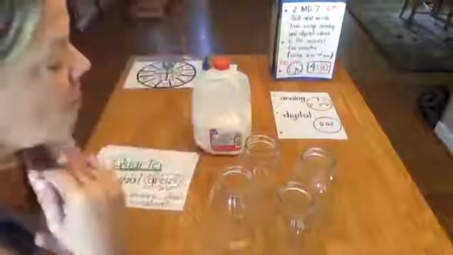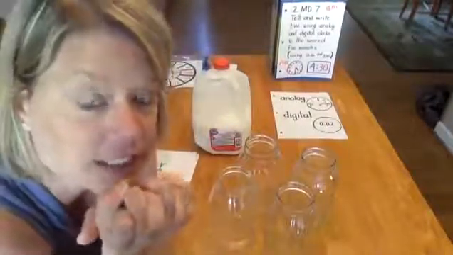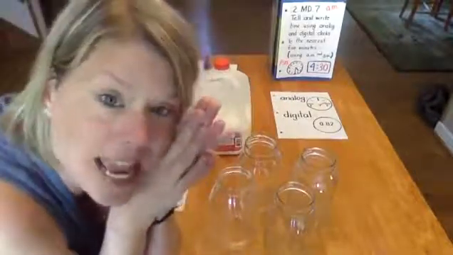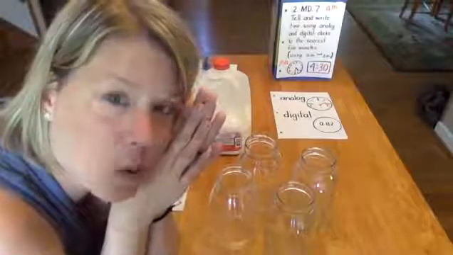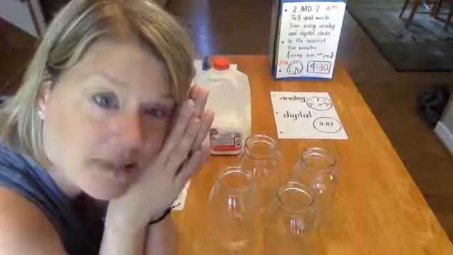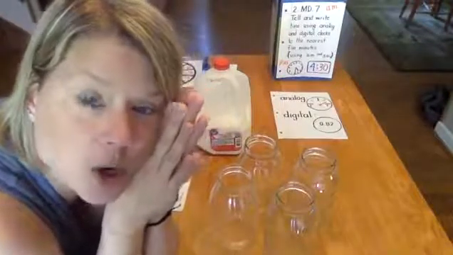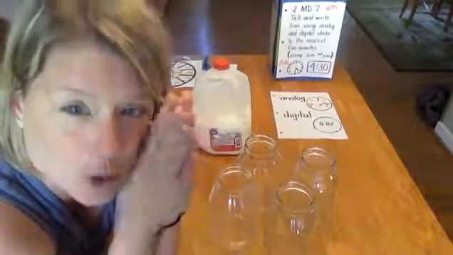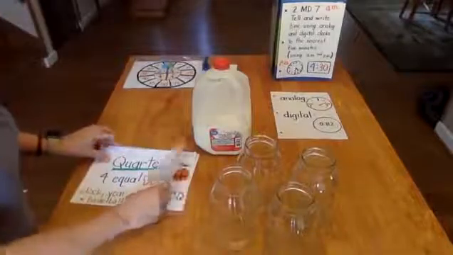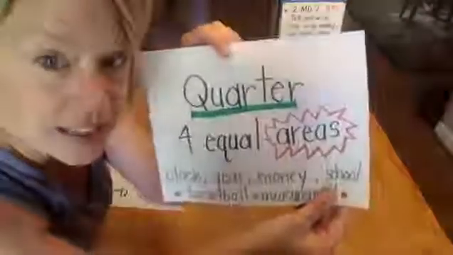But before we do, second graders, you need to know, I'm sorry, this standard is just really hard, but you need to know about a quarter. When we think of a quarter, we think of the coin that Miss Huffman taught about in first grade. But really, when we think about a quarter, we think about the number 4. A quarter is 4 equal areas.